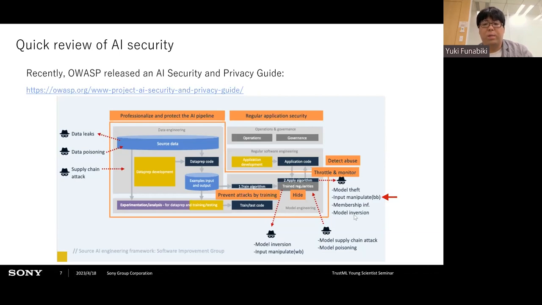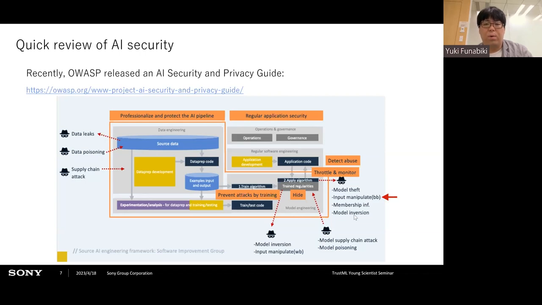So like that, the attacker can get the response of the model, because this is public. The attacker manipulates their input, and they can get a new response. Through such iteration, the attacker can fool the model, or control the behavior of the model.